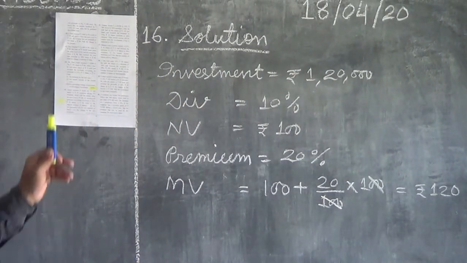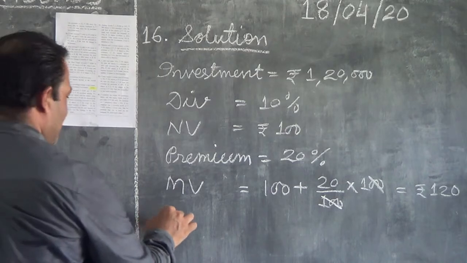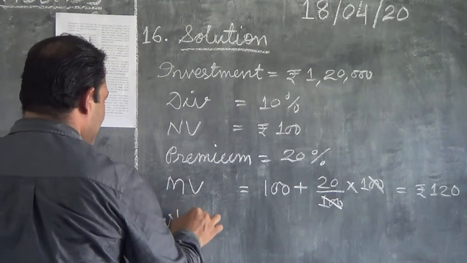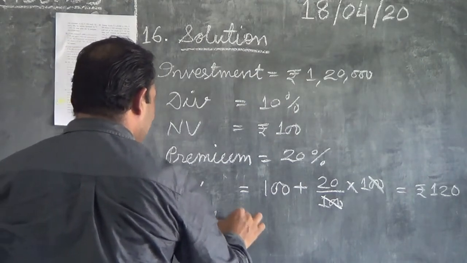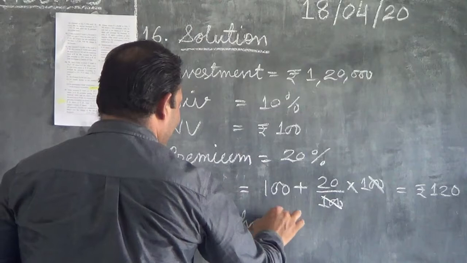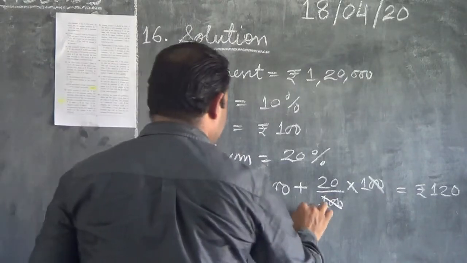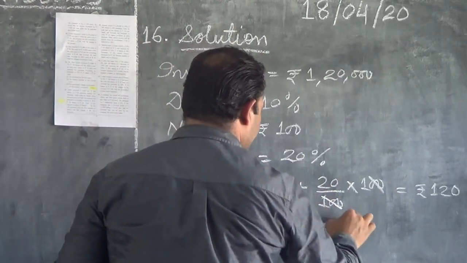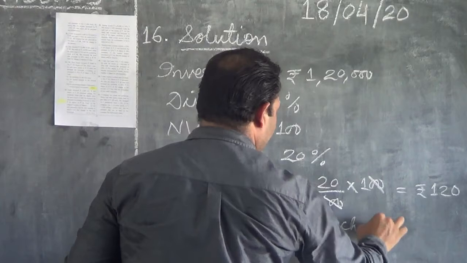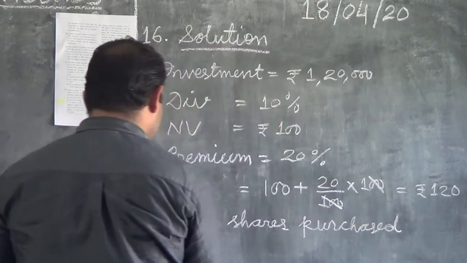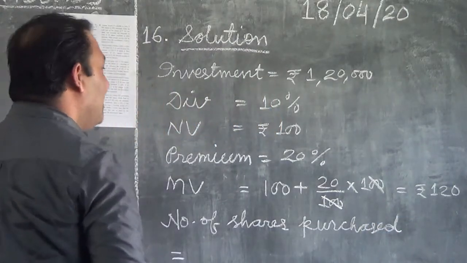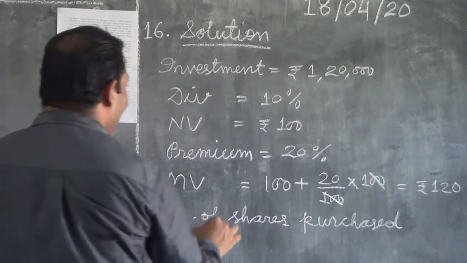Now, number of shares purchased. How many shares were purchased?